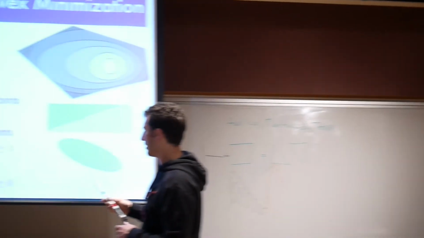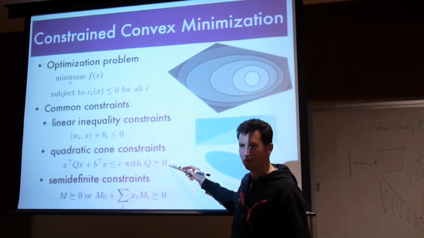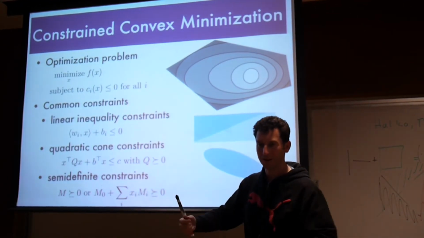Another one is quadratic cone constraints. So this is basically a way you can write out ellipsoids or entire cones.